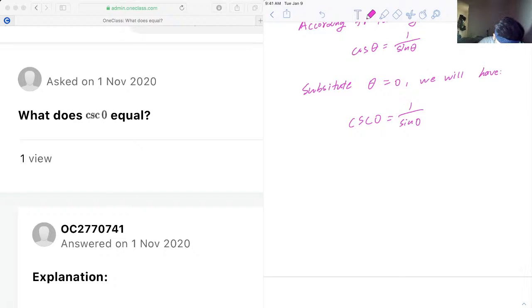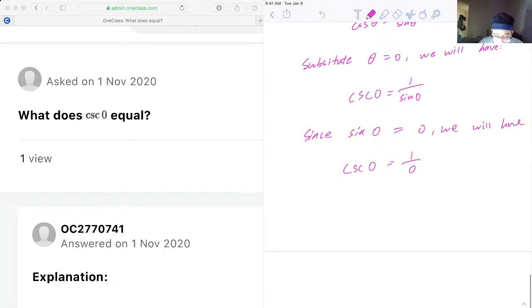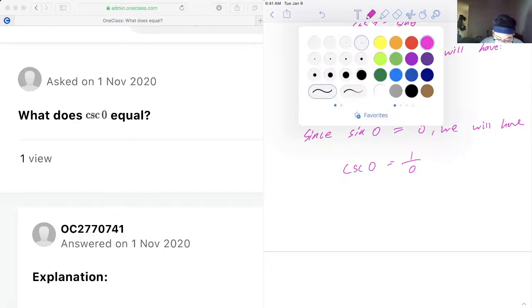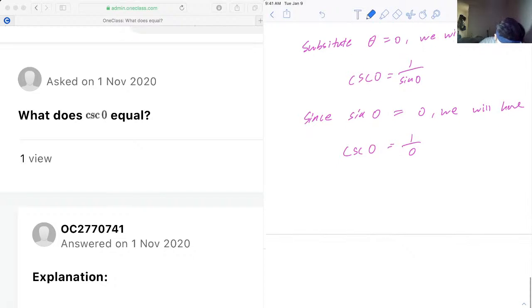So since sine 0 is equal to 0, we will have cosecant 0 is equal to 1 over 0. And since the denominator cannot be equal to 0, so the cosecant 0 does not exist.